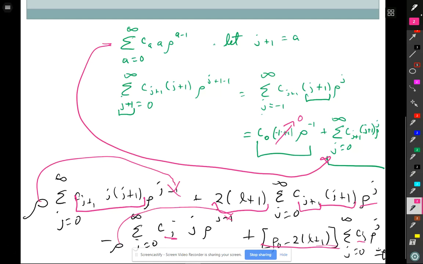So it gives me an equation which I simply don't have the space to write.